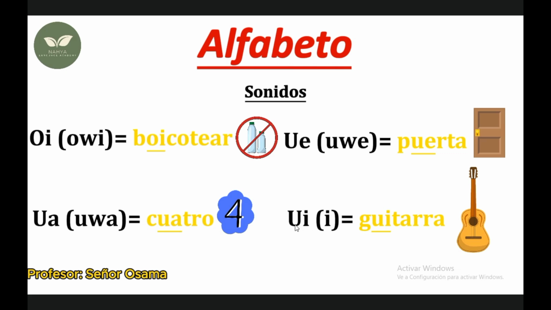And we put this sound exactly when we want to pronounce, for example, if we put e directly after g, we will pronounce it as chi, but we want to pronounce it as g, so we put u between g and e, and like this we can have the pronunciation of gi. Okay, so this word is guitarra, which means guitar.